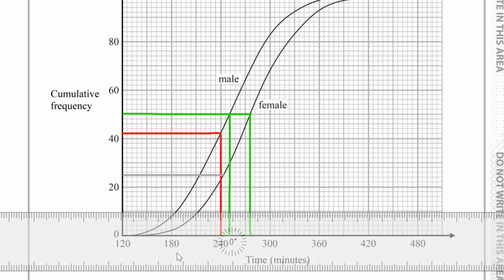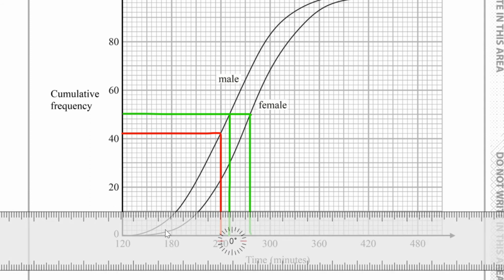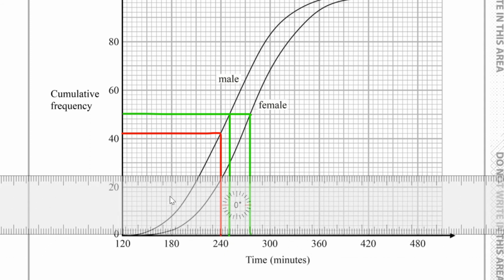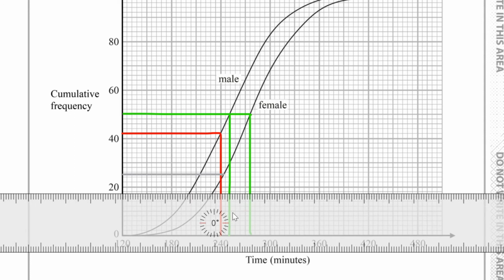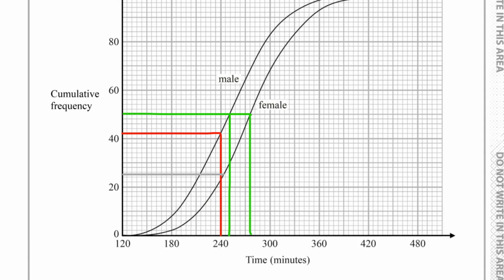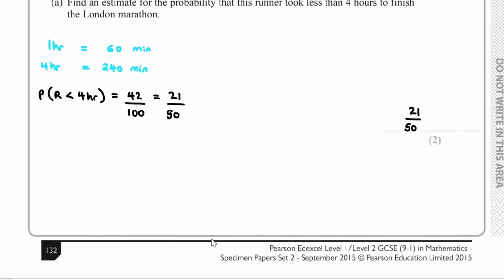So now if we work out the, let's just draw a line here, and if we find the lower quartile for the males, then here we get 180 plus 36, which is 216.